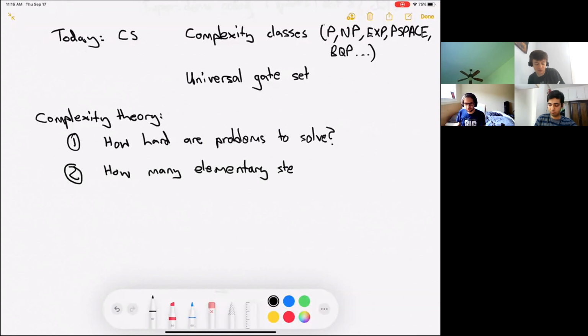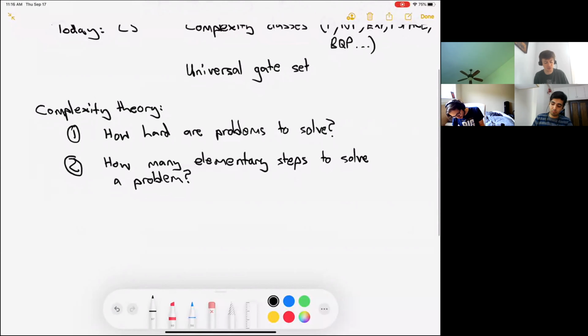It probably would mean that if I was being formal, but I could also just mean like number of logic gates I need to apply, assuming things are defined correctly, to solve some problem. Okay, so this is a sort of more precise quantitative notion that we can like hopefully start to define things properly.